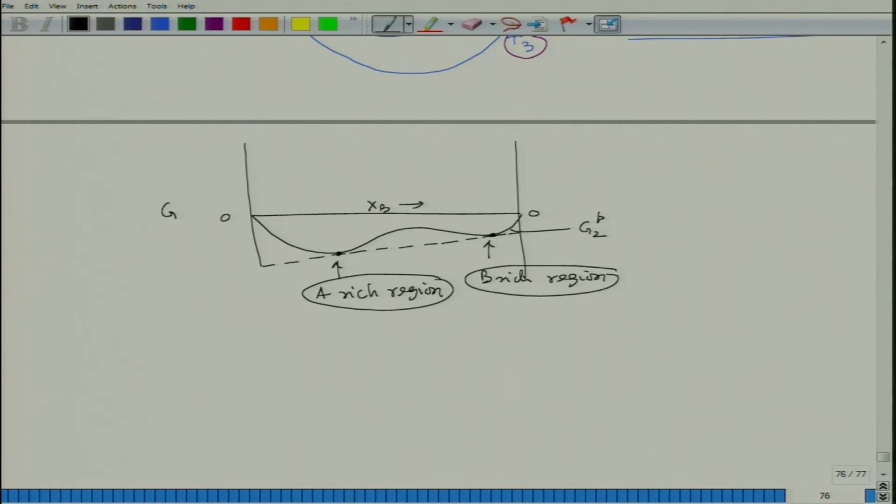Interestingly, initially we considered that both the A and B pure metals have the same crystal structure and the resultant solution also has the same crystal structure.